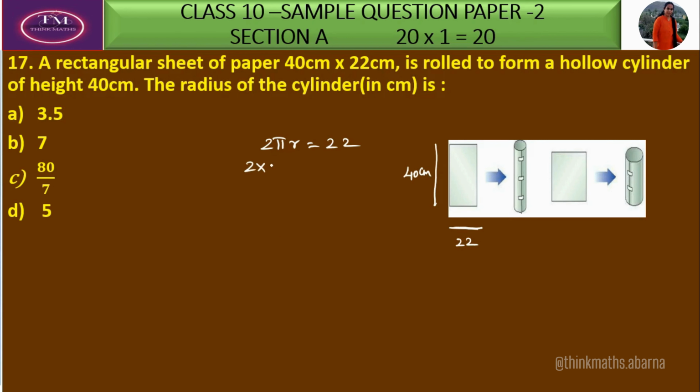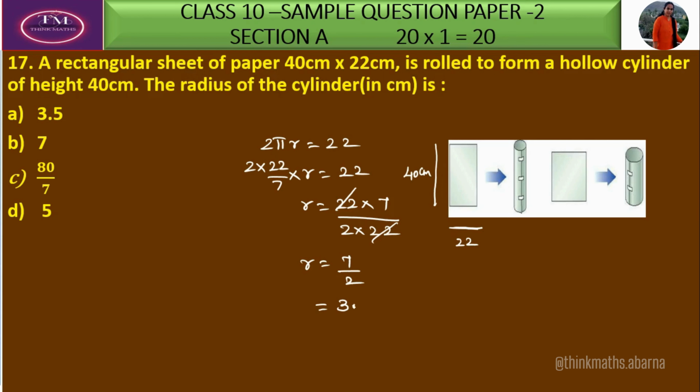So 2 into 22 by 7 into r is equal to 22. So what will be r? In the denominator we have 7, so it will go to numerator. In the numerator we have 2 into 22, so that will come to denominator. So 22 gets cancelled. So r will be equal to 7 divided by 2. So we have 3 2s are 6 and balance is 1.